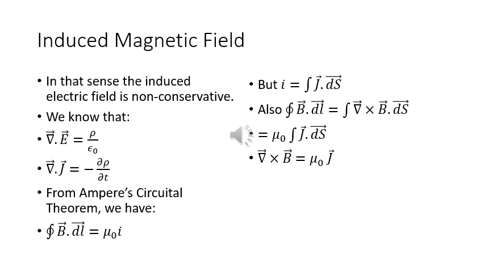From Ampere's circuital theorem, we know that closed integral B dot dl is equal to mu 0 I. But I, that is the current, is given by integral J dot dS, where J is the current density. Also, closed integral B dot dl will be equal to integral of curl of B dot dS, which is equal to mu 0 integral J dot dS. So, curl of B is equal to mu 0 J.